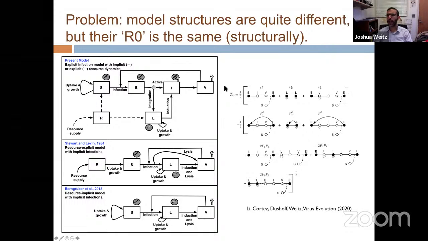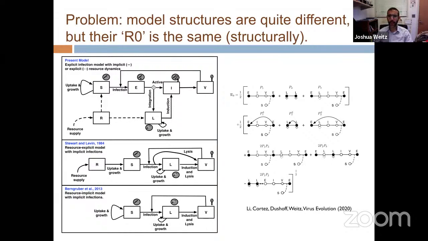Because R0 is the average number of infected cells produced in a generation, when we take the second generation, we have to discount by a square root because we're essentially multiplying these together. It also gets discounted by impossible second generation loops where we hop from one lysogenic loop to the lytic loop.